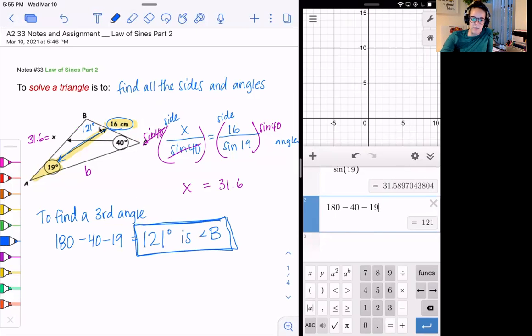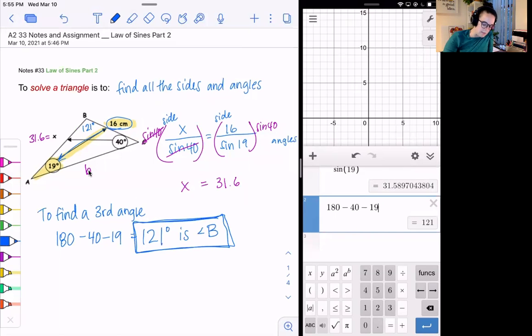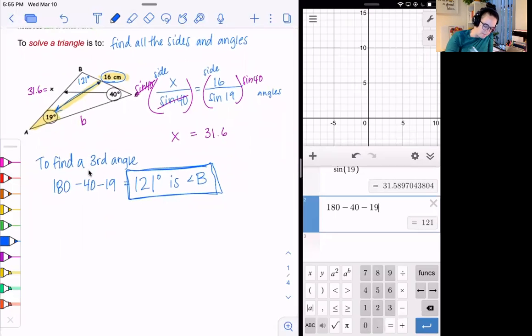Now, since I know this angle and I want to find this side, I'm going to do law of sines one more time, right? So for this one, I'm going to have b over sine 121, because b goes with 121, they're across from each other. Just like that, is equal to, and I can use either of the other pairs.